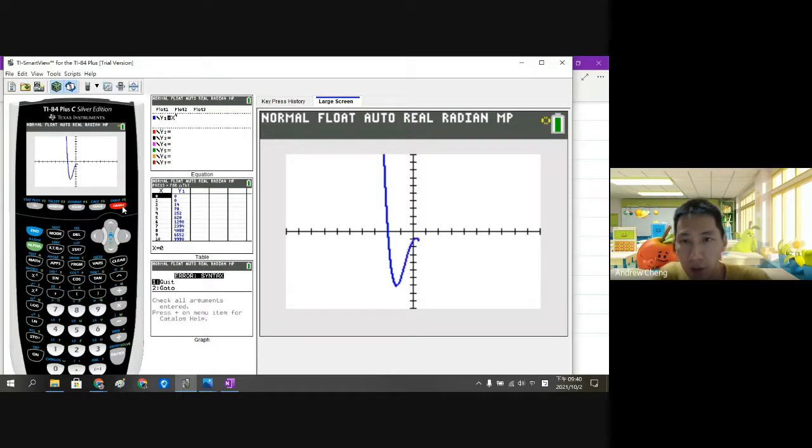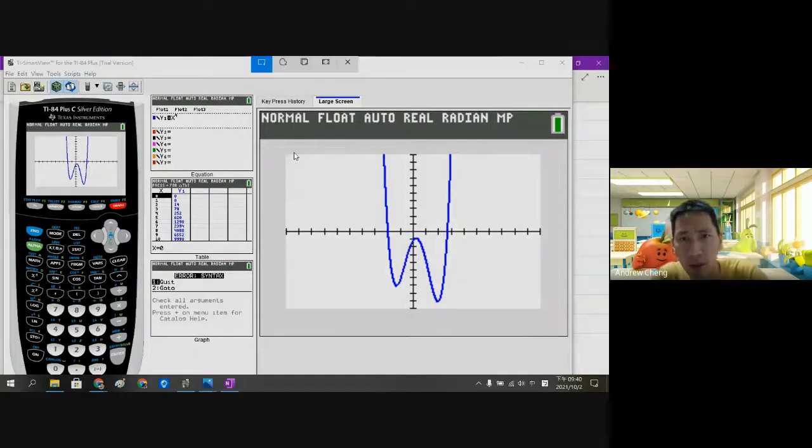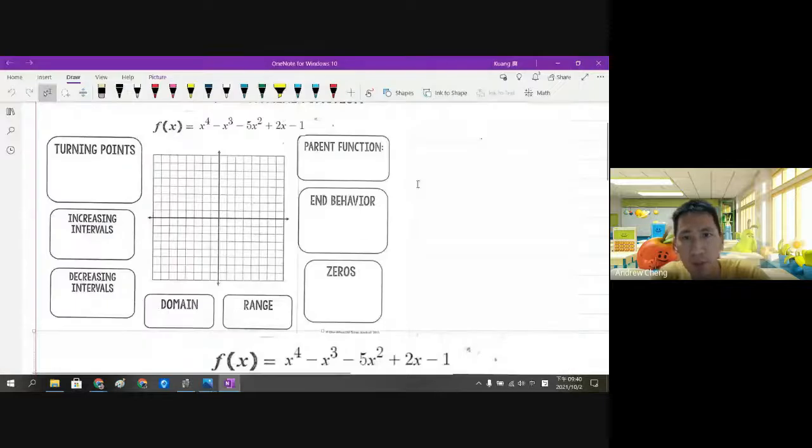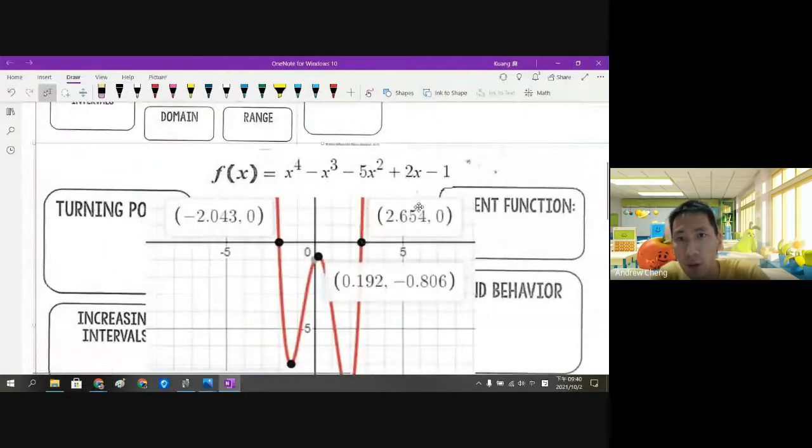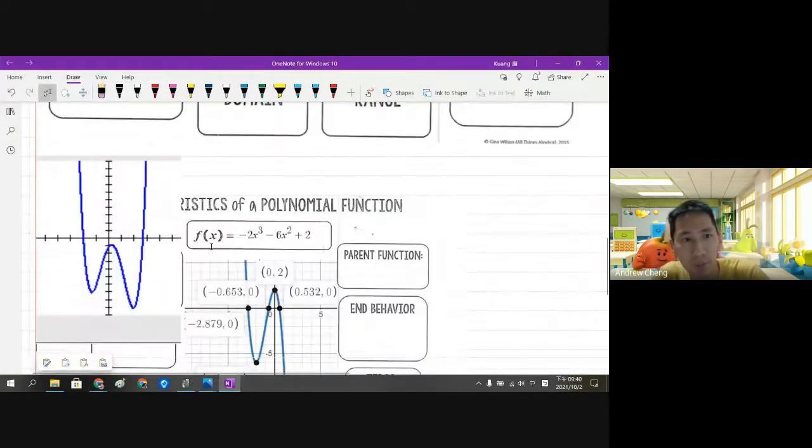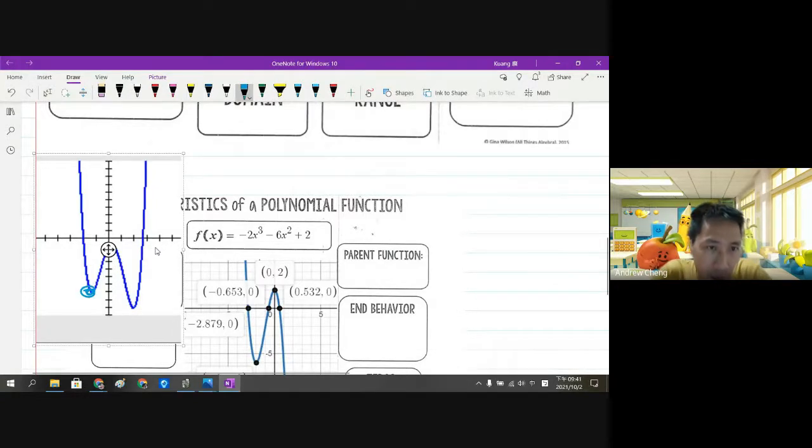All right, the shape looks like this. So first of all, you need to find the turning points of the graph, which is this point and this point.